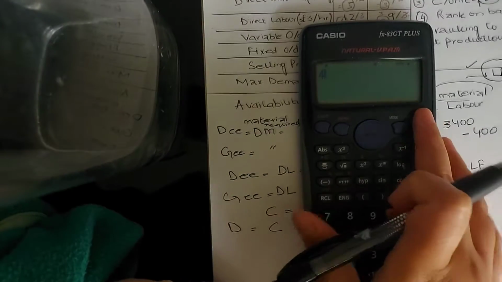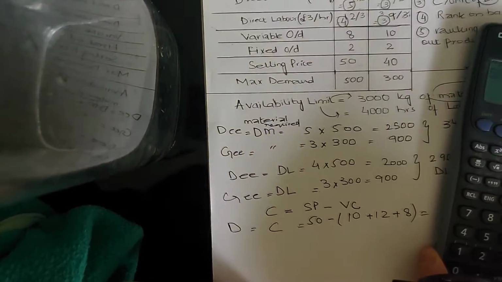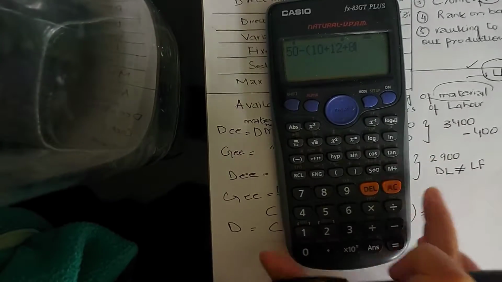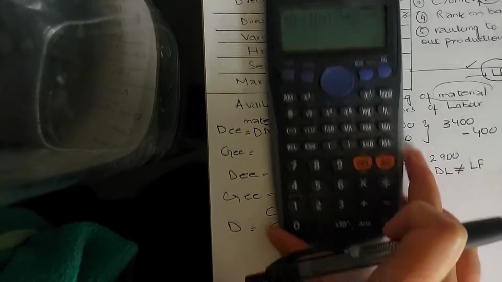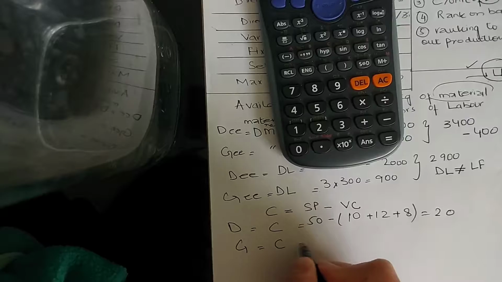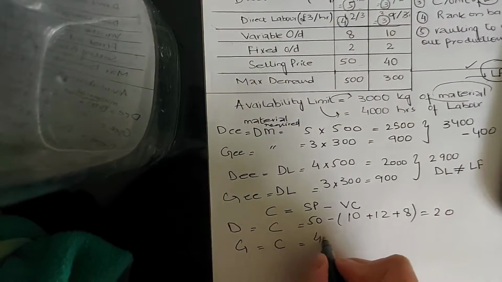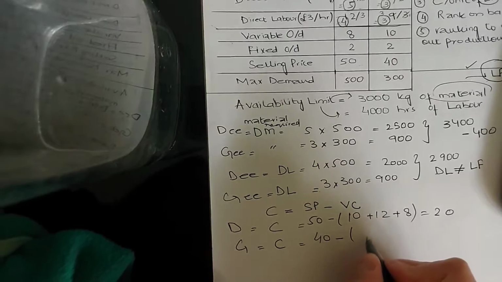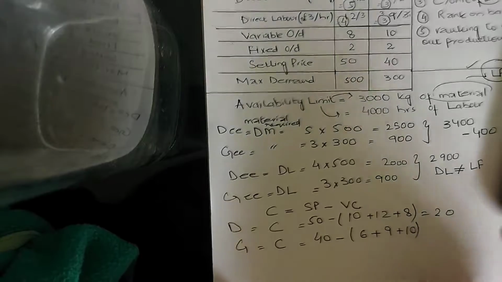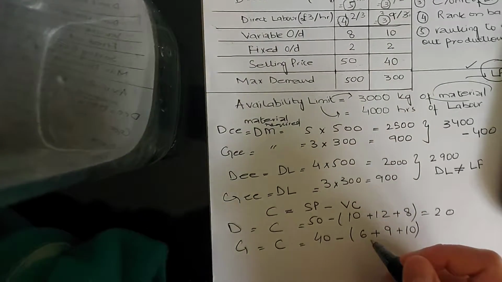We're going to calculate this now. 50 minus 10 plus 12 plus 8. This gives us 20, and we're going to do the same for G. The selling price is 40 minus 6 plus 9 plus 10.